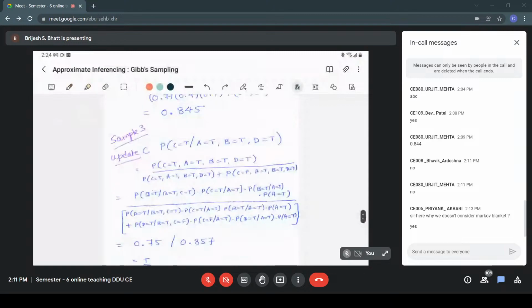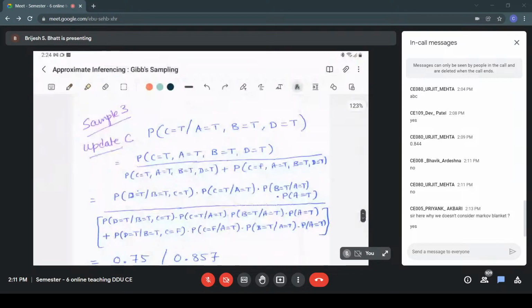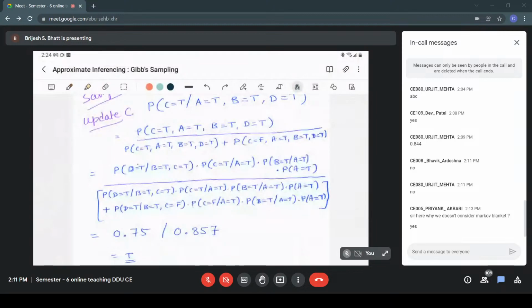Yes. So once you compute this, you will get something like this: 0.75 divided by 0.857. Please do it yourself and tell me if this is correct. My calculation can be wrong, so please, someone verify this. So are you also getting the same answer?